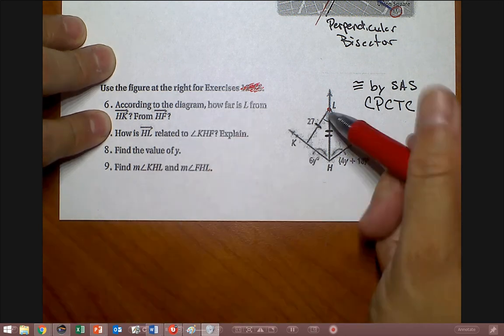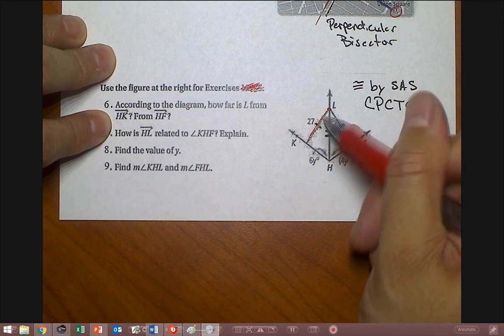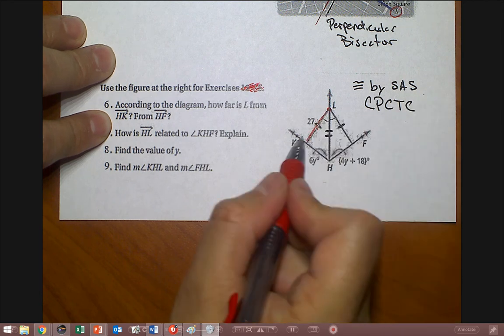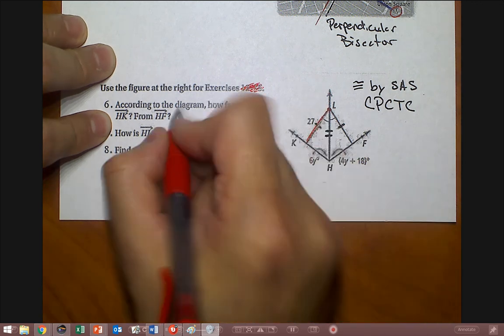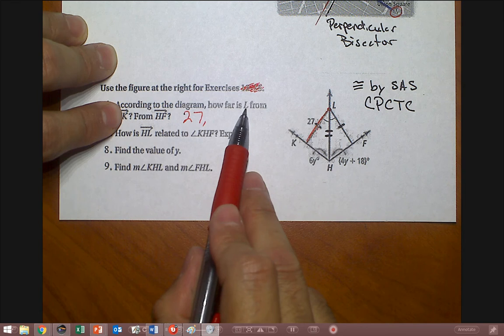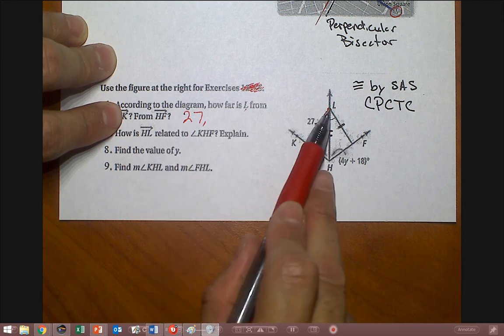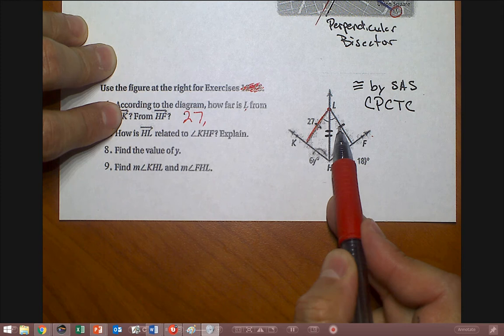I'm looking for this one right here. It's going to be 27, because this is HK. And how far is L from HF? 27, because they are congruent, right? Very good.